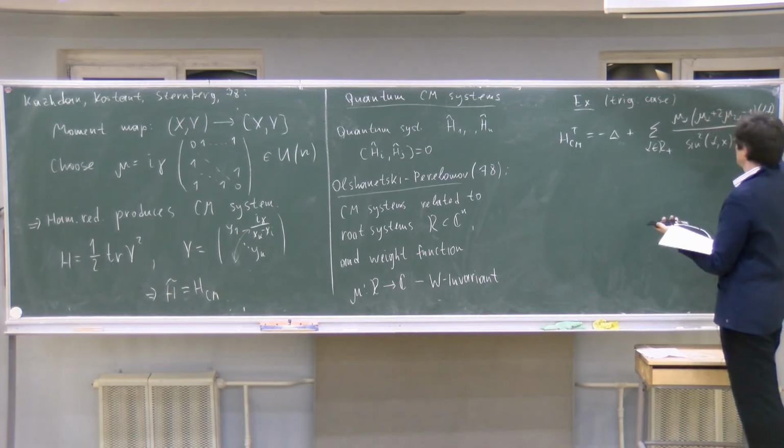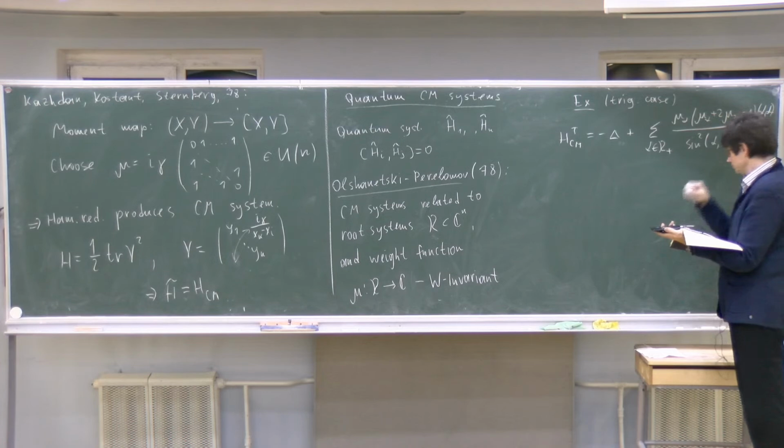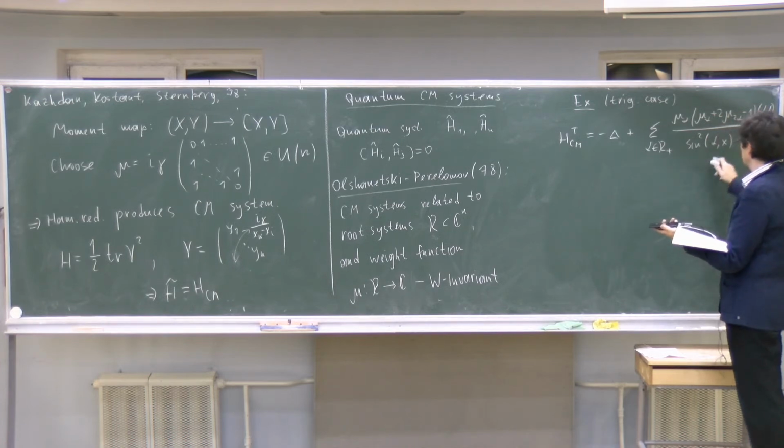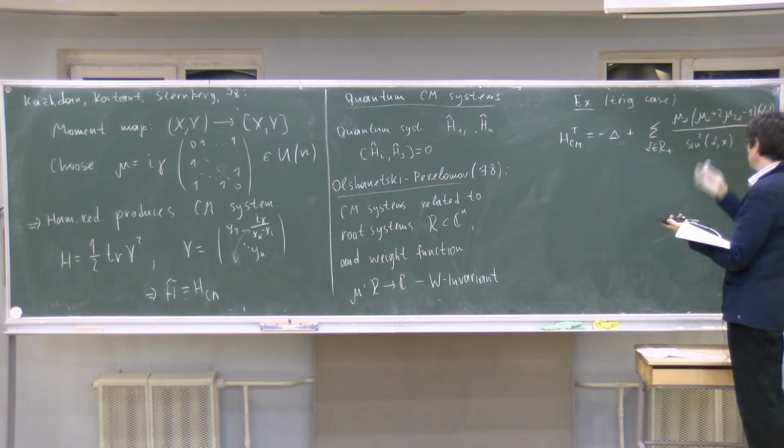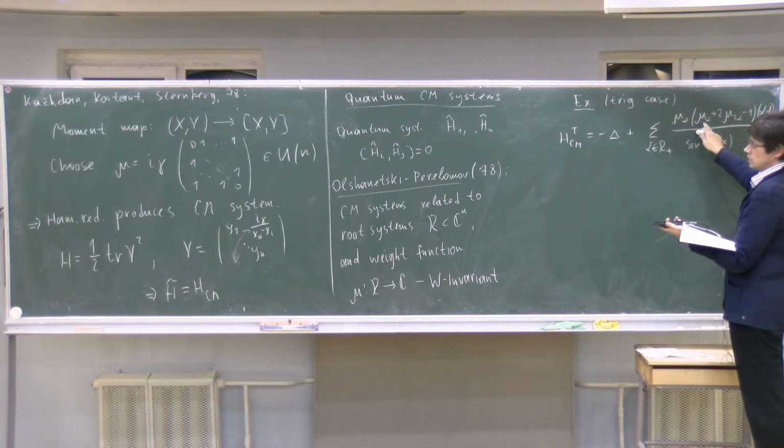The brackets here denote the usual scalar product, and alpha denotes the positive roots of this fixed root system. Mu(alpha) means the value of this W-invariant weight function on the root alpha, and that is all.